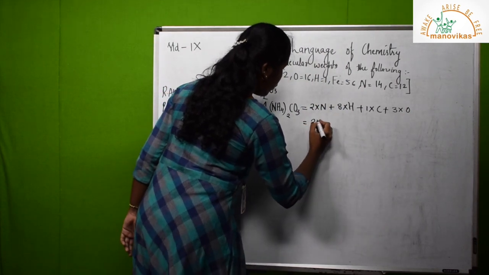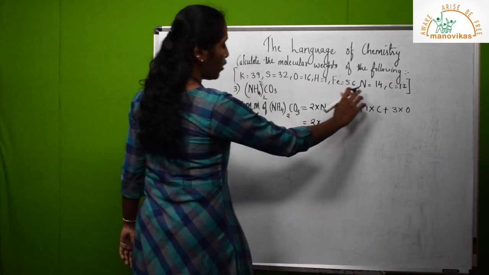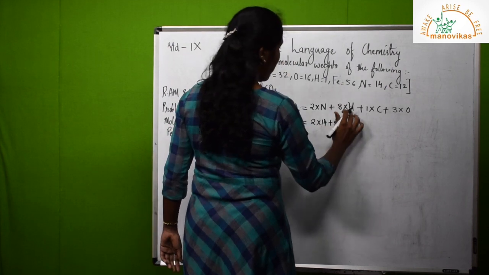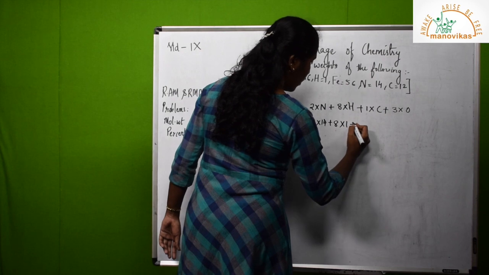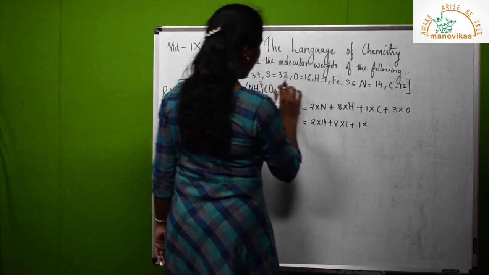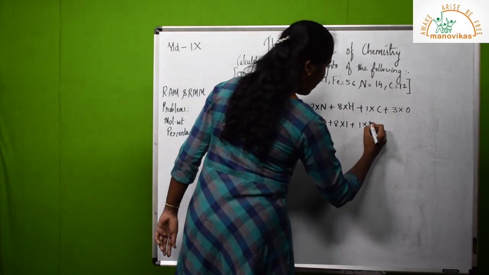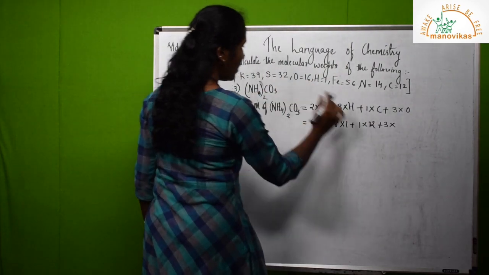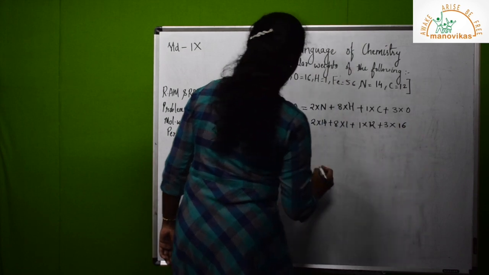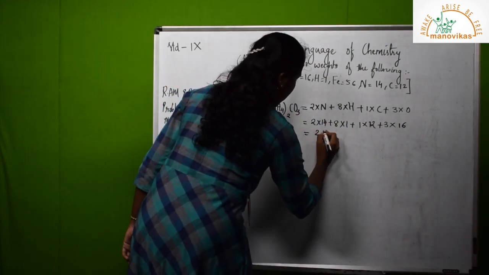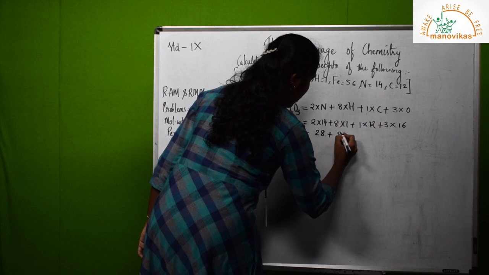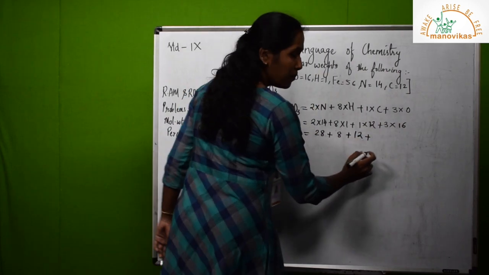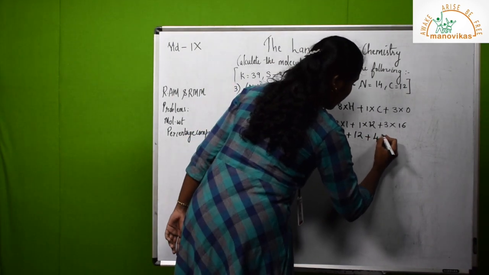That is 2 into nitrogen atomic weight is 14 plus 8 atomic weight of hydrogen is 1 plus 1 into atomic weight of carbon is 12 plus 3 into atomic weight of oxygen is 16. So 14 2s are 28 plus 8 1s are 8, 12 1s are 12 plus 16 3s are 48.